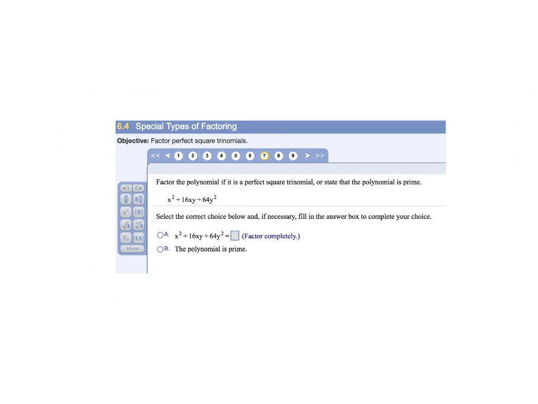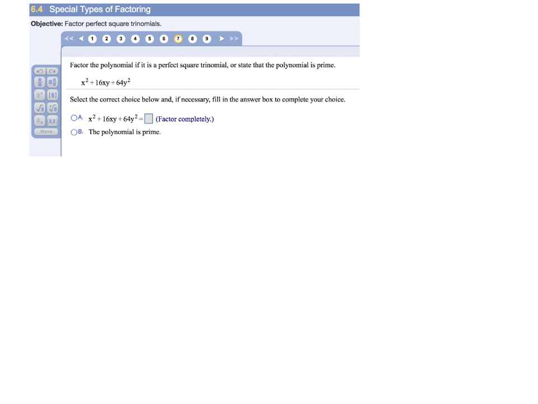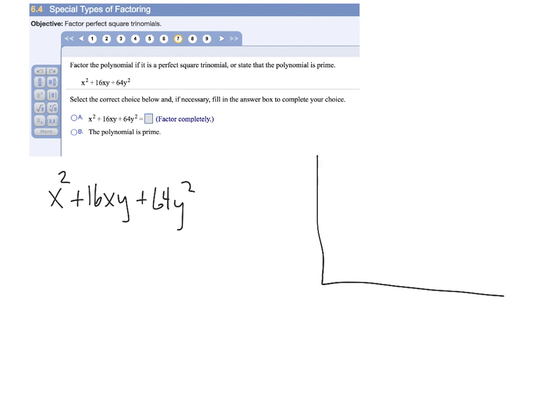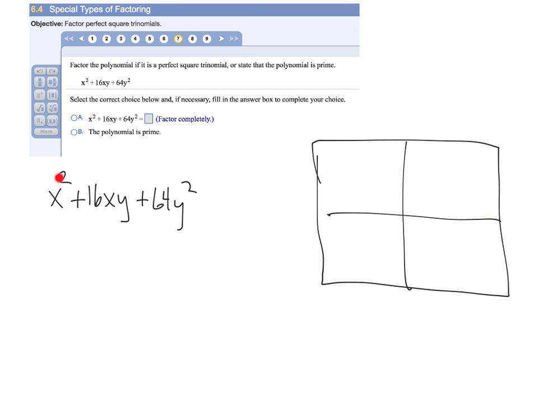So this is the same, only they're trying to scare us with uglier numbers. So you got x squared plus 16xy plus 64y squared. All right. So when I draw my box over here, I know that x squared is going to go here, and I know that 64y squared is going to go way over here, and I can see that both of those numbers are squares.